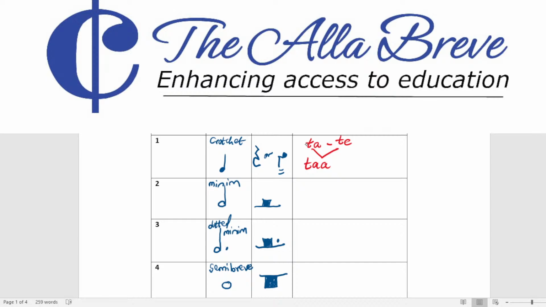Next is a dotted minim. Before you interpret how many tas and tes there are, you have to look at the meaning of the dot. And you have to remember from our previous lesson that the dot means half the time of the original note.